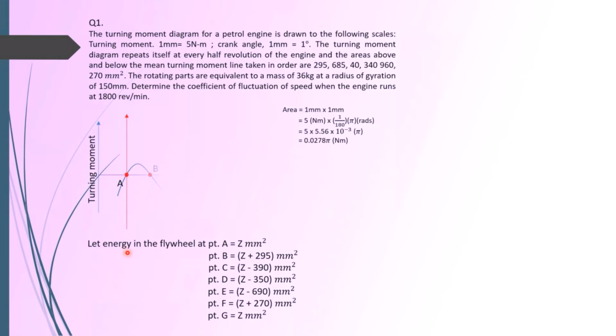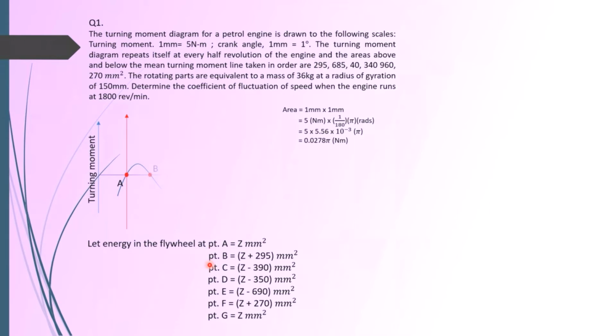Here, let the energy at point A be Z mm squared. So the area, the energy in the flywheel at this point, just let it be Z mm squared, in terms of millimeter squared. And we know that at point B, this section here is above. Therefore, we have Z plus 295. That is the first.